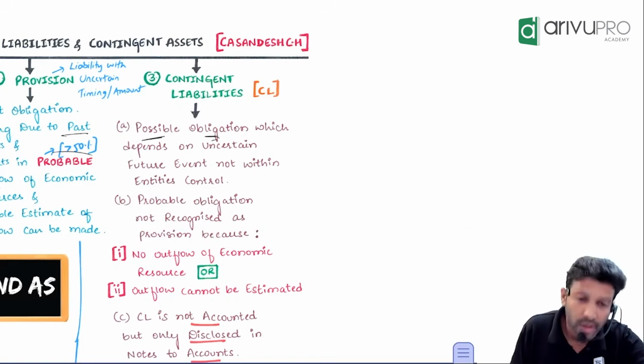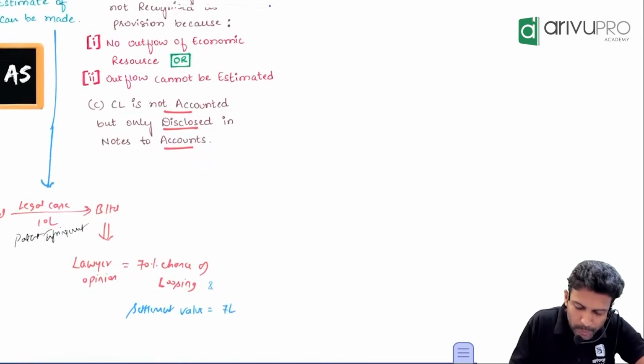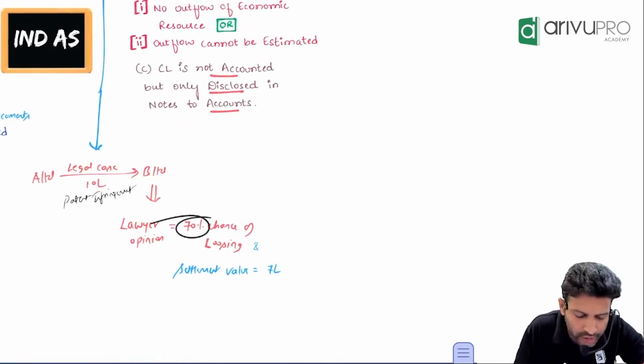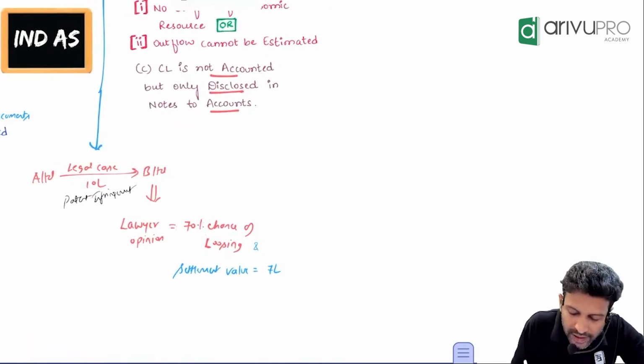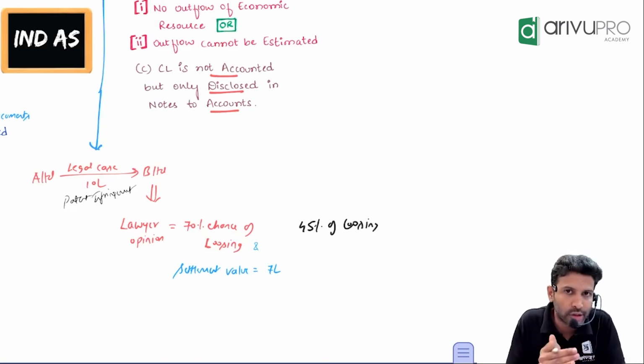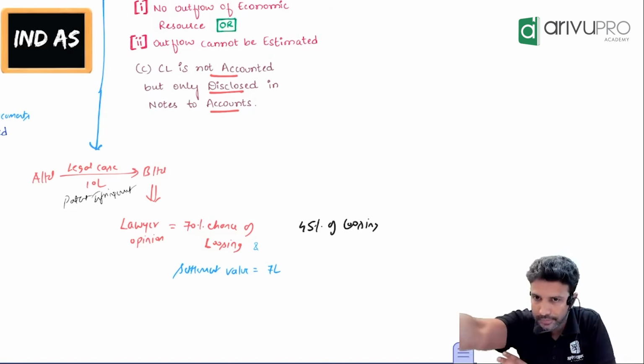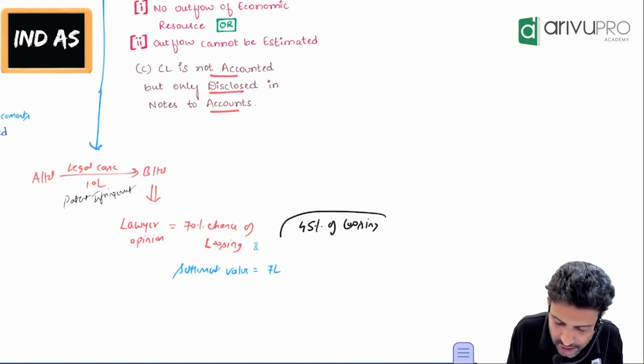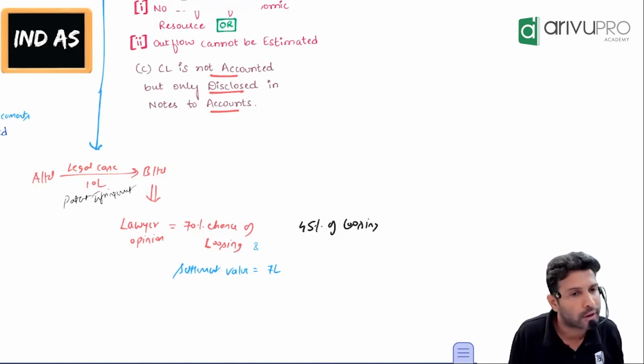Suppose in the same example, the lawyer tells us we have only a 45% chance of losing. Sir, when you lose the case, only money will go out, correct? How much chance of money going out is there? 45%.